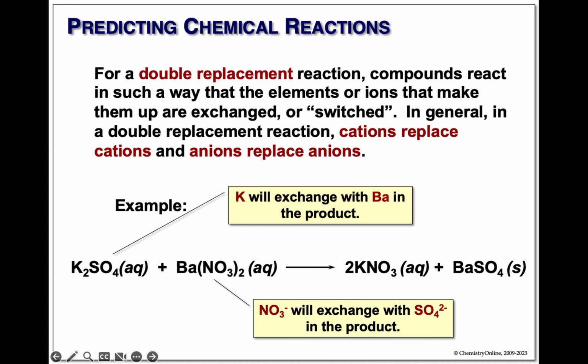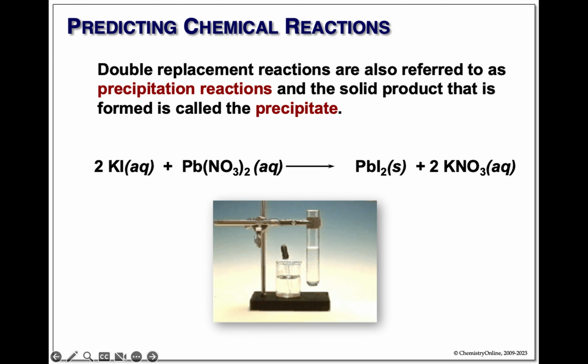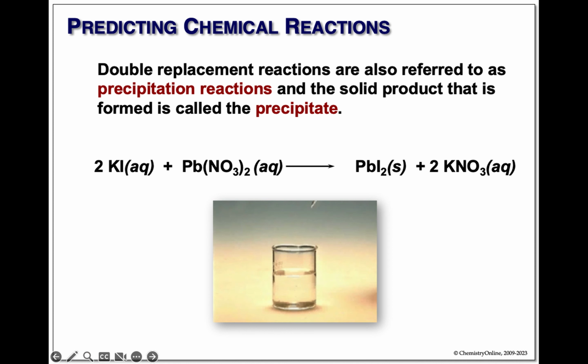Here's another little video of a reaction like that. Potassium iodide reacts with lead nitrate. We swap ions. We get lead iodide and potassium nitrate. Potassium nitrate stays in solution, and this comes out as a solid. These are both clear liquids when we start.